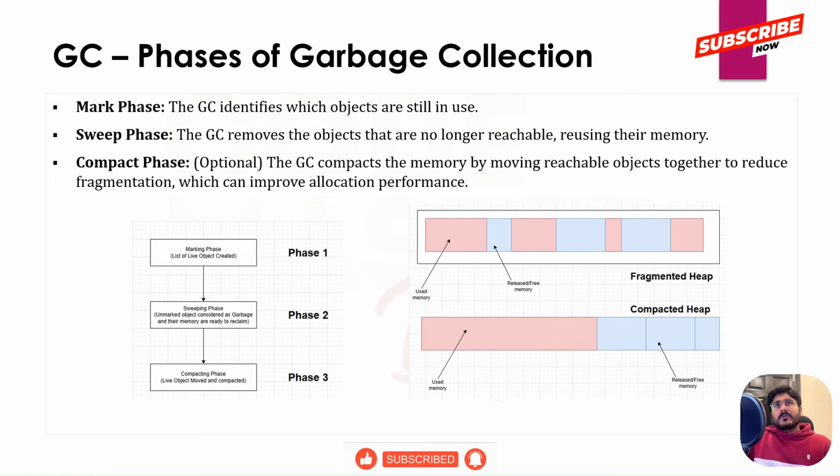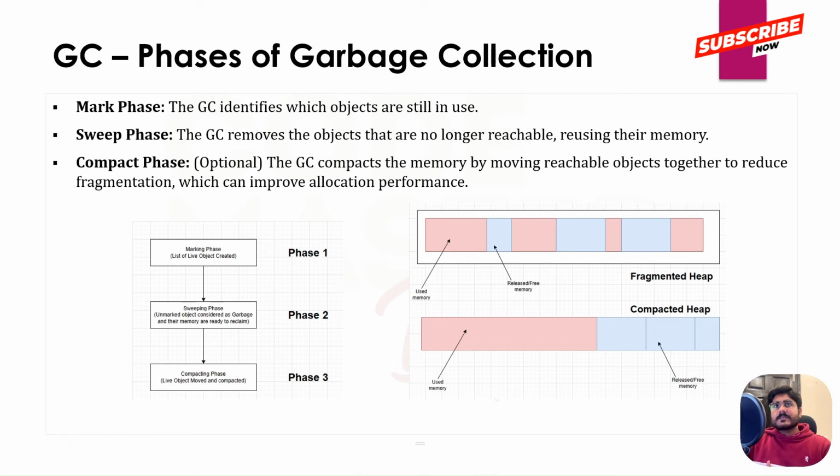Second point is phases of garbage collection. Whenever this garbage collector is going to run, it would run in three phases. First phase is mark phase, second phase is sweep phase, third phase is compact phase. Mark phase means in this phase, garbage collector is going to identify how many objects are still in use in the application. It would mark those.